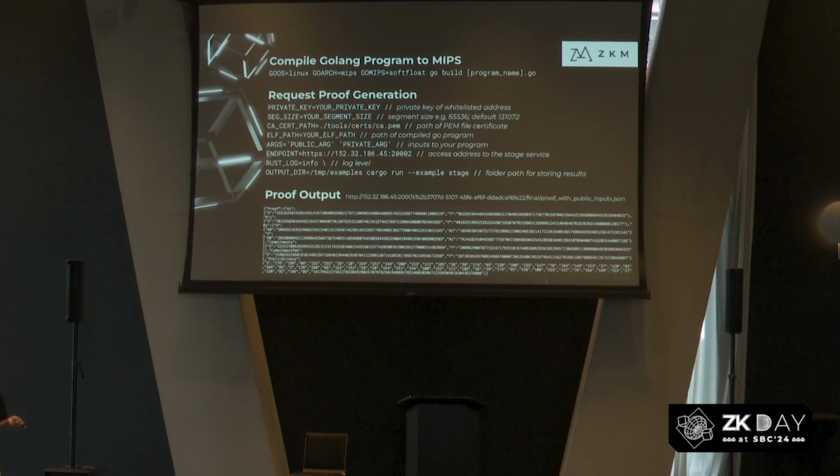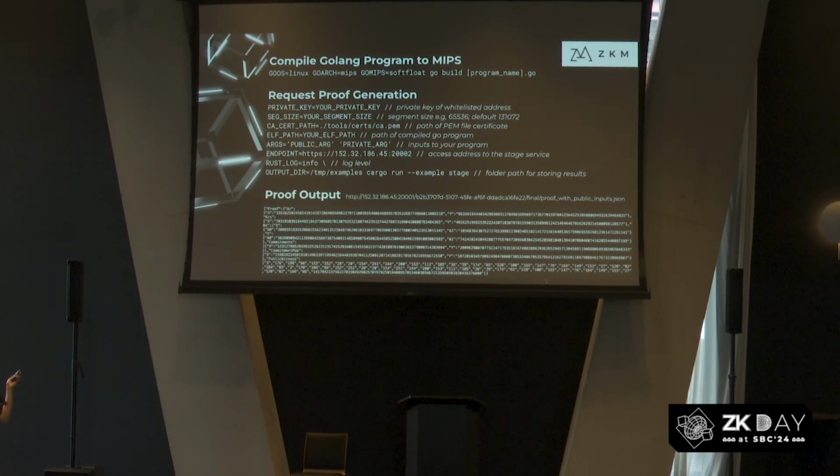So this is how it would look on your end if you're using our service, for specifically a Golang program that you want to prove the execution of. First, you would compile that Golang program to MIPS. That's what the first statement is doing, and that produces the ELF binary.